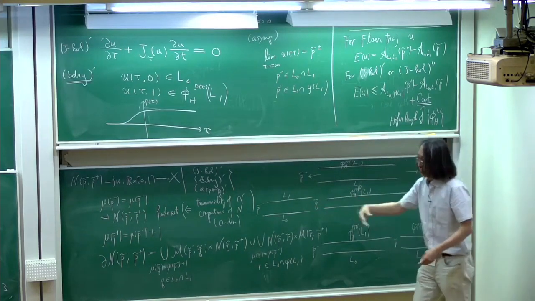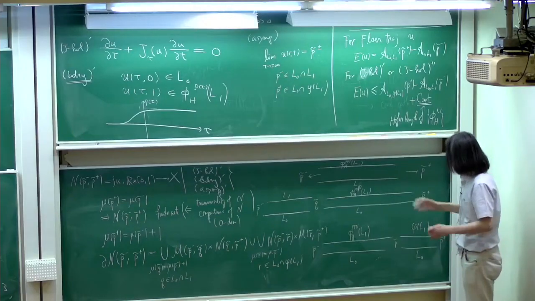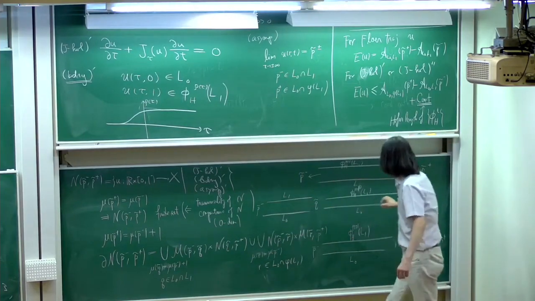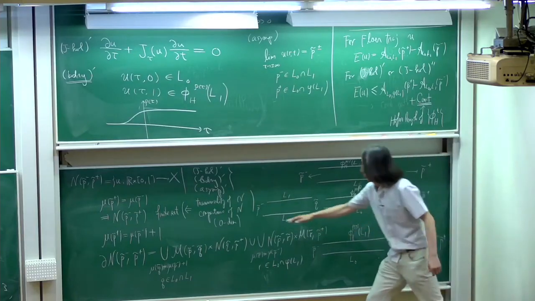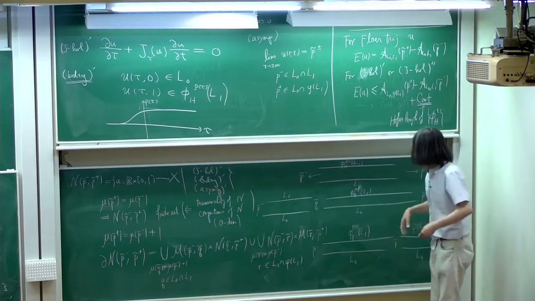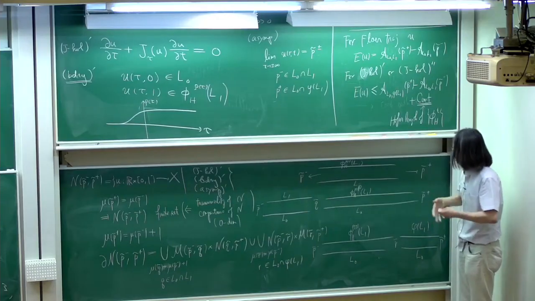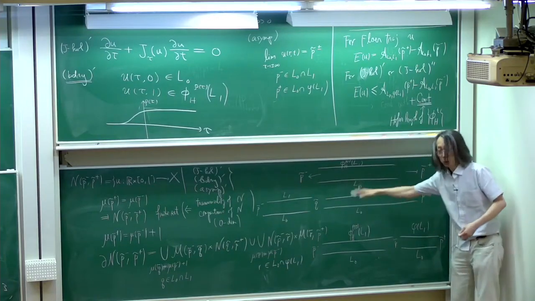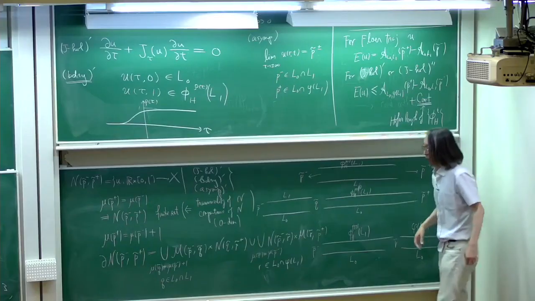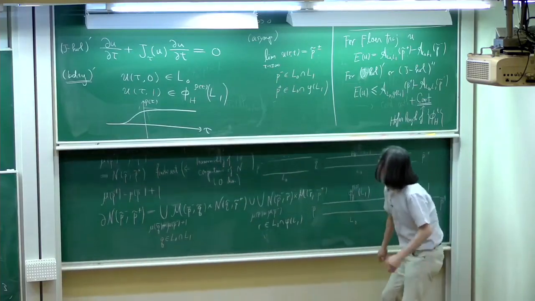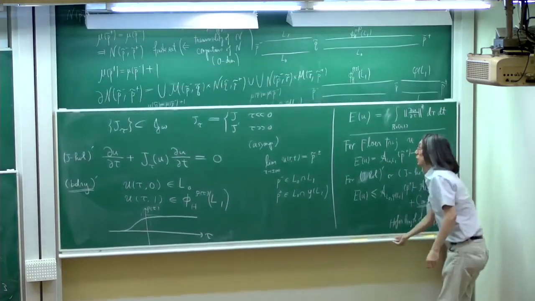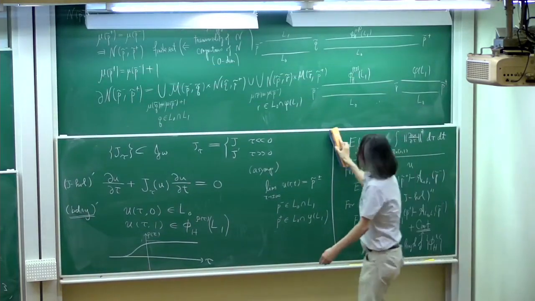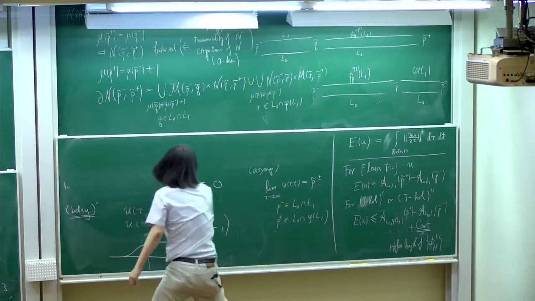It is a bit different from the Floer trajectory case, because in that case, all the limits are intersection points of L0 and L1. But here, some of them are intersection points of L0 and L1, and some of the intersection points are of L0 and phi L1. So therefore, these two cases. Okay? And then you count the solutions of this equation. Then you get something, right?